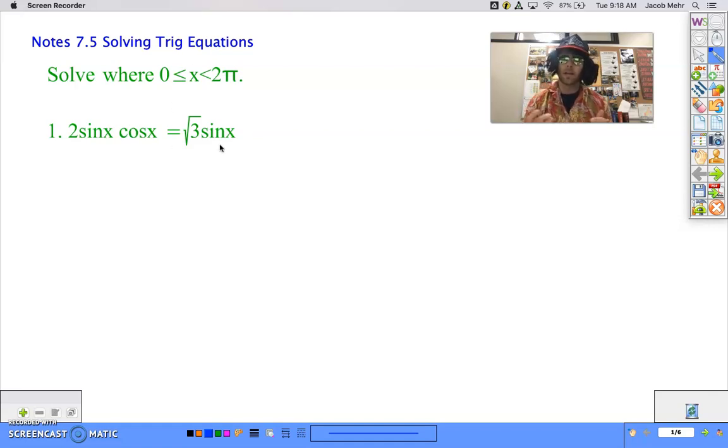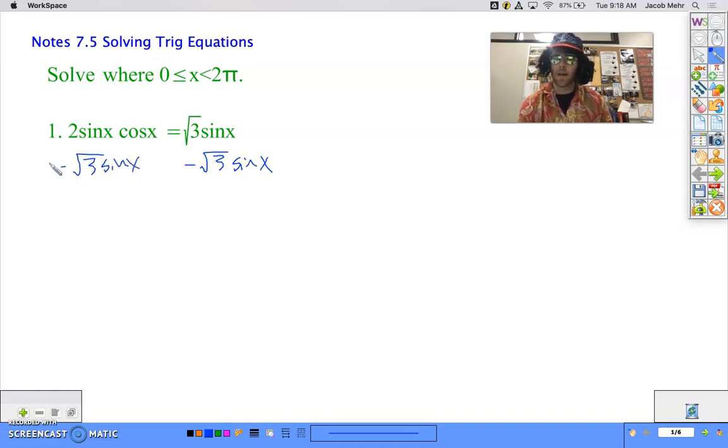So one of our main techniques that we use when we solve equations is we like equations that are equal to 0, because if they're equal to 0 and we can write it as a product, we can use our 0 product property. So let's do that. Let's get this thing equal to 0 by subtracting the square root of 3 sine of x on both sides.